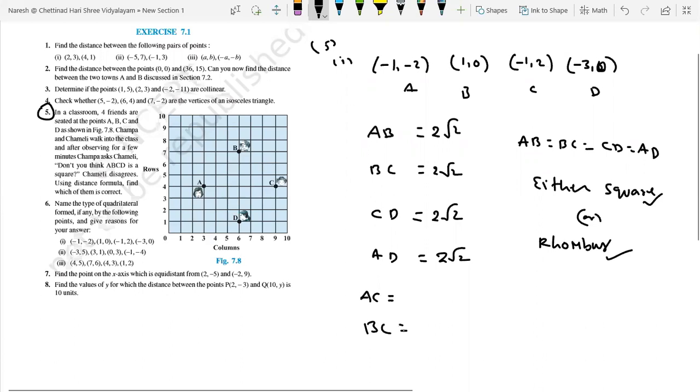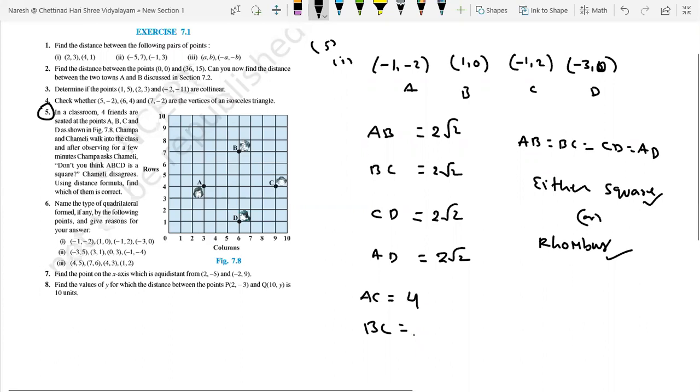Calculate and let me know how much you are getting. What is the AC value? Sir, AC is 4.